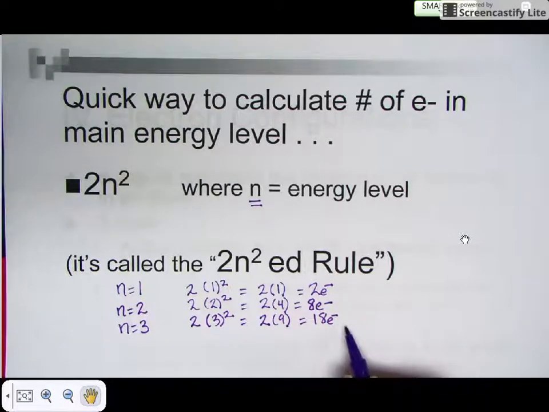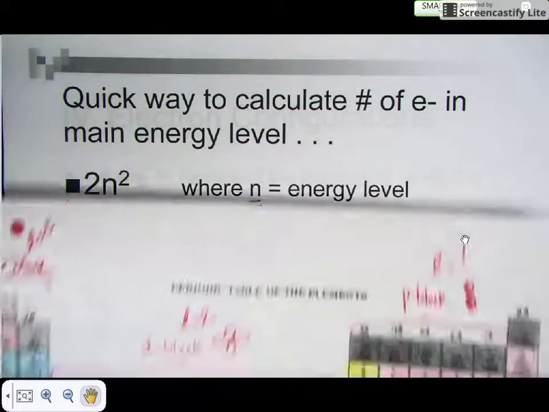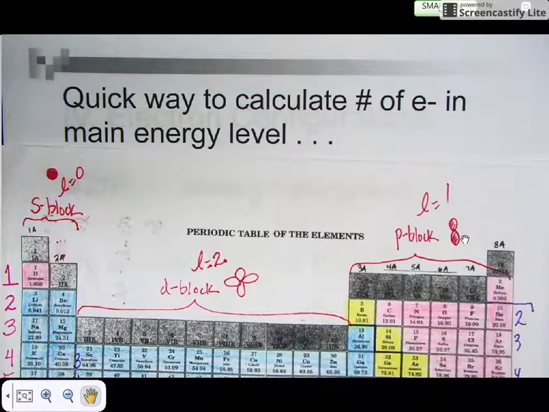This explains why the third energy level has the d electrons in it. Let's look at our periodic table for just a moment and how this all lines up. For the first energy level, we said we could hold 2 electrons. So if you look at your periodic table, the first energy level contains hydrogen and helium.